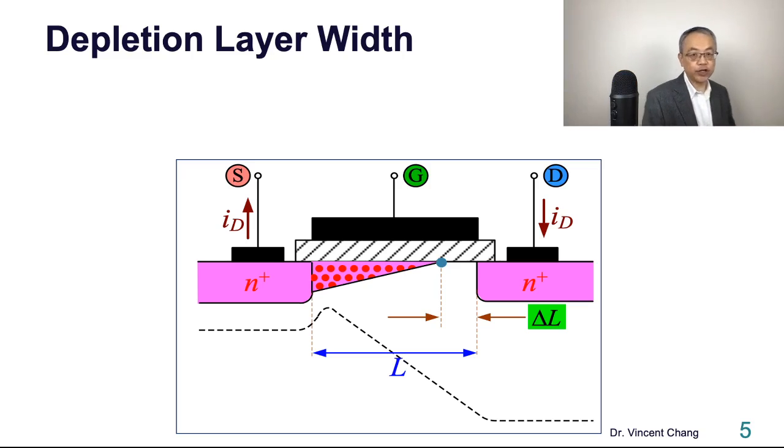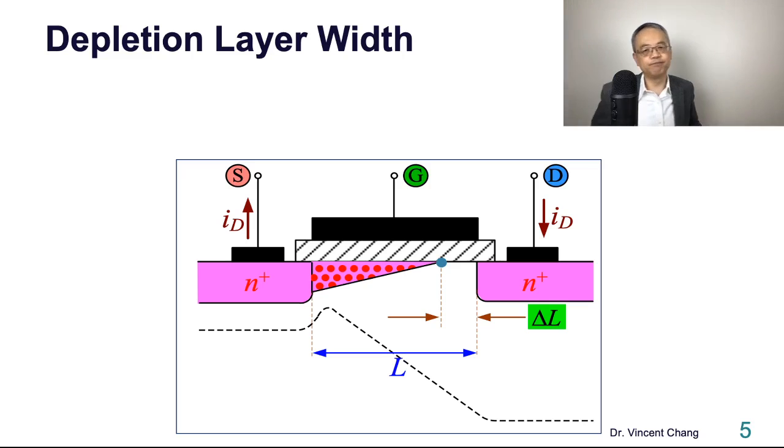You can also measure the depletion layer width in the vertical direction, but I'm talking about delta L, which is measured along the horizontal direction. That's the distance between the blue point, the pinch-off point, and the drain end. It's the depletion layer width denoted by delta L.